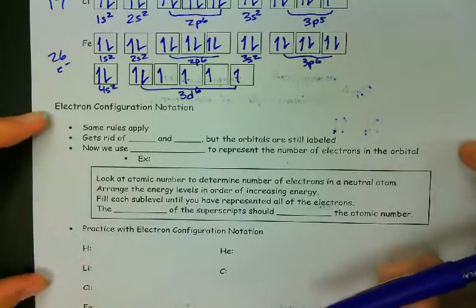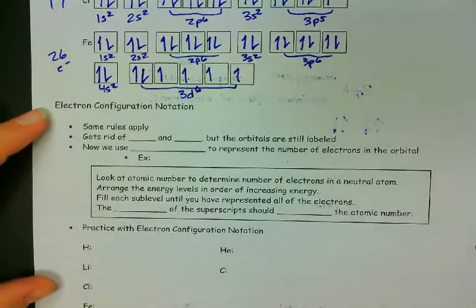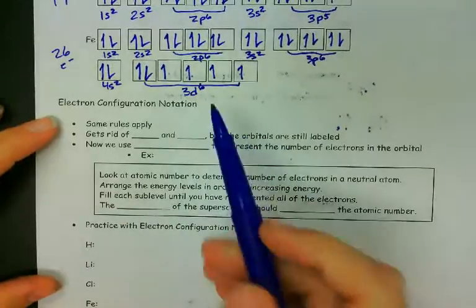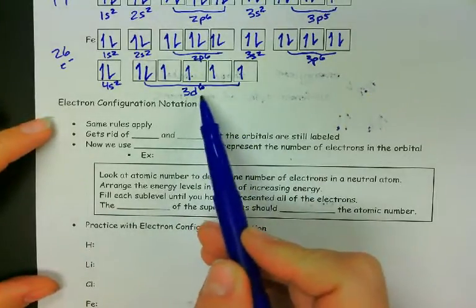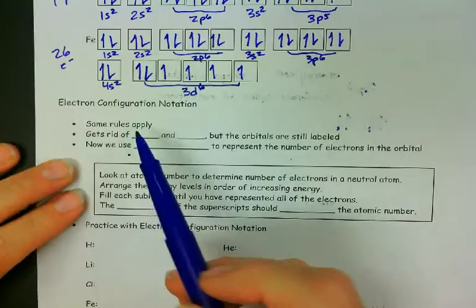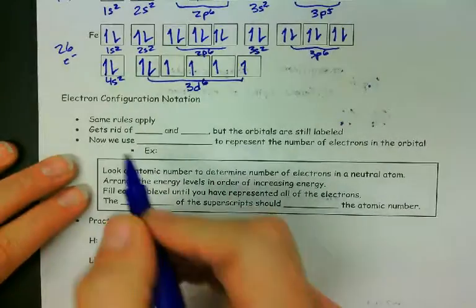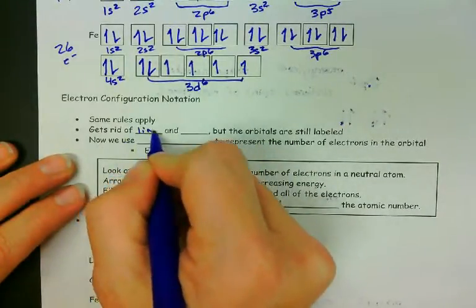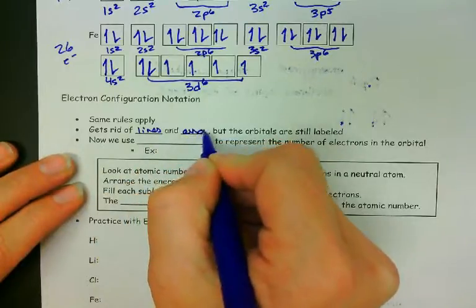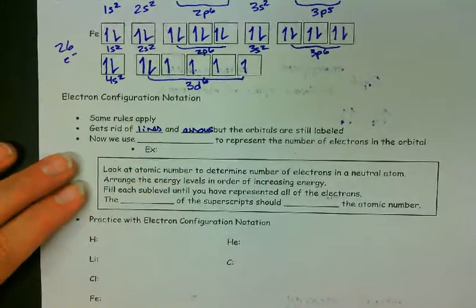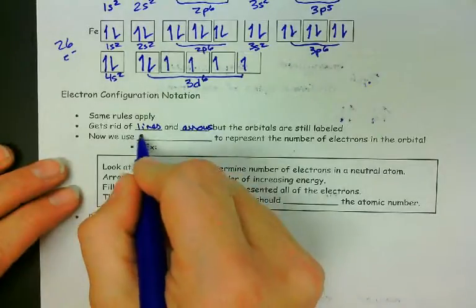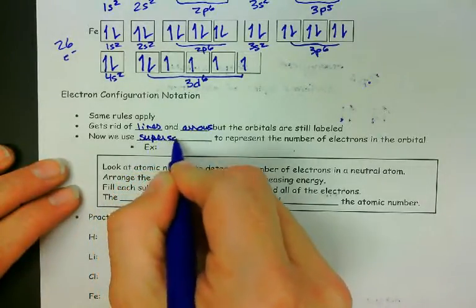For the next part, we're going to focus on electron configuration notation. So this is what we've already been kind of doing with the numbers right here. So all the same rules apply. Yay, no new rules. So you get rid of basically your lines and arrows. So it kind of simplifies without having to draw all those big boxes. Okay? So now we're going to use our superscripts.